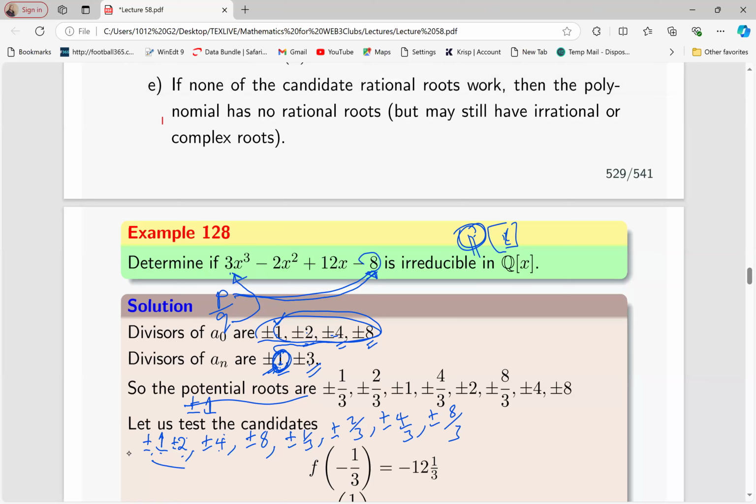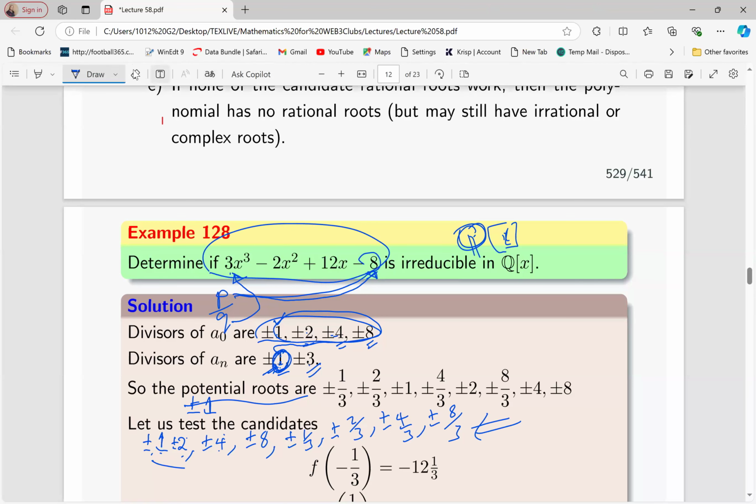So those are the possible roots. The roots of this cannot come from outside this set. It must be one of these. You cannot get it from outside. So we want to try all of these and see which ones are the roots.